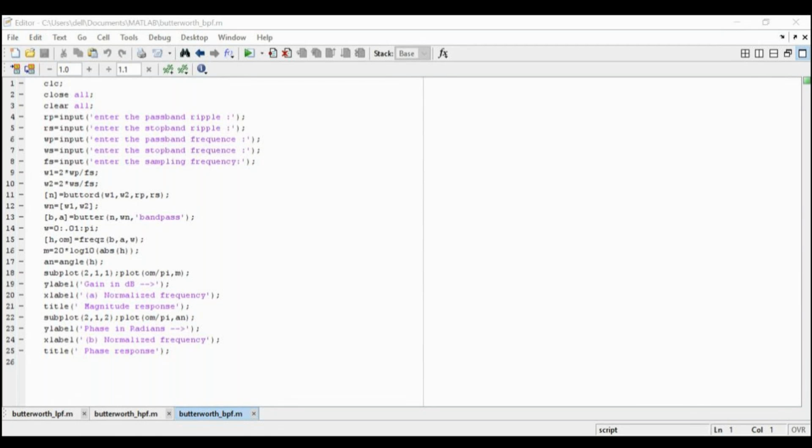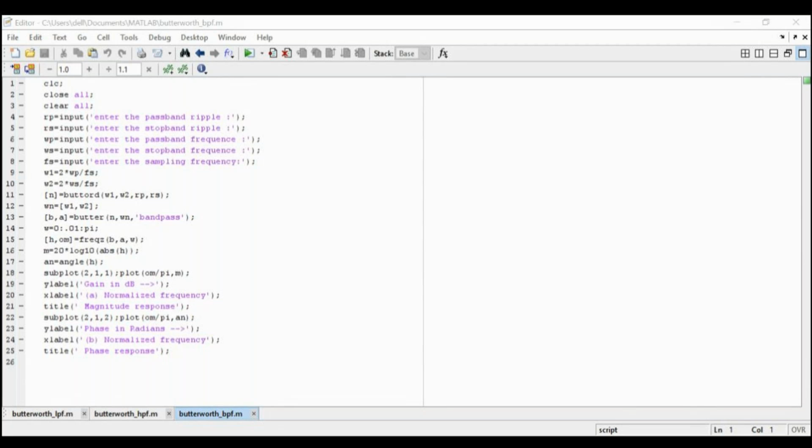Omega 1, omega 2 are the normalized passband and stopband frequencies. Here, N and omega n are different. N is equal to buttord of omega 1, omega 2, RP, RS. Omega n is defined as a band from omega 1 to omega 2, and that is saved in omega n. B comma A is equal to butter of n comma omega n comma band pass. That is the command for designing the Butterworth band pass filter coefficients.